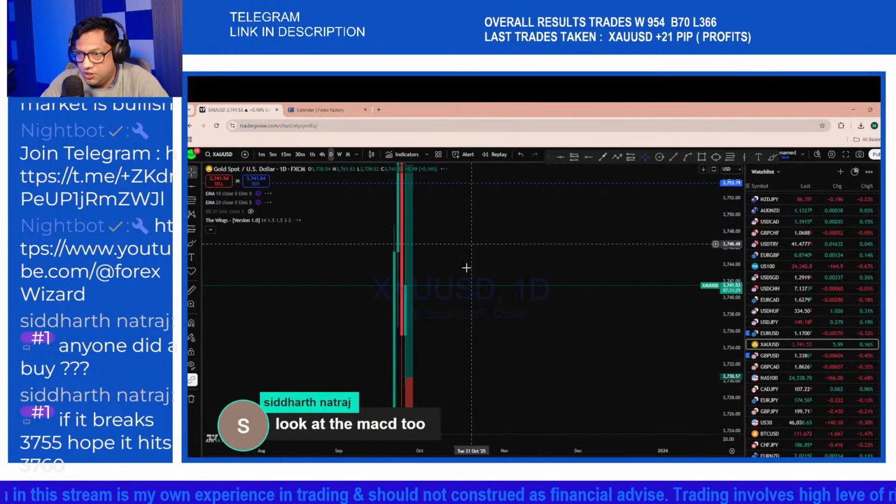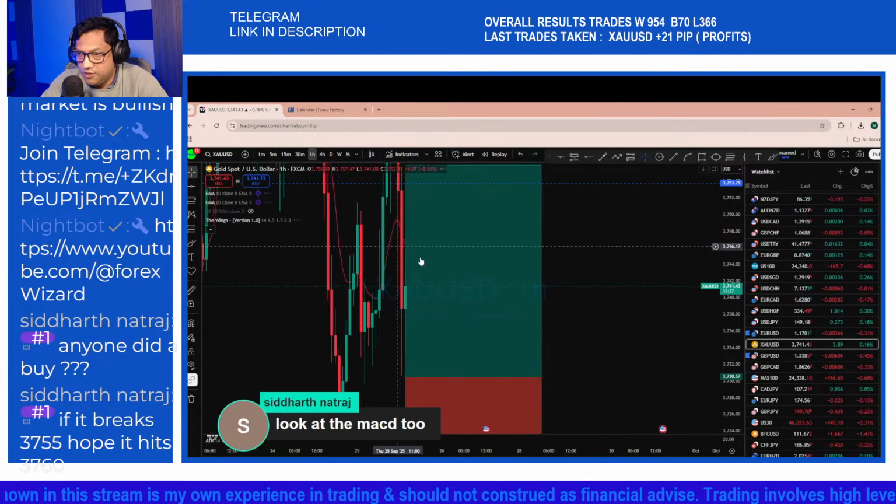So the market is coming to the daily support again, that we are looking at.